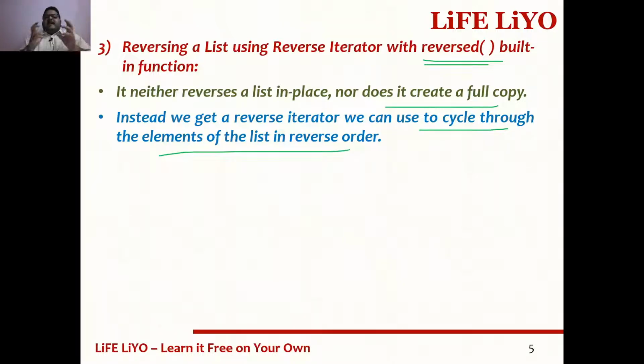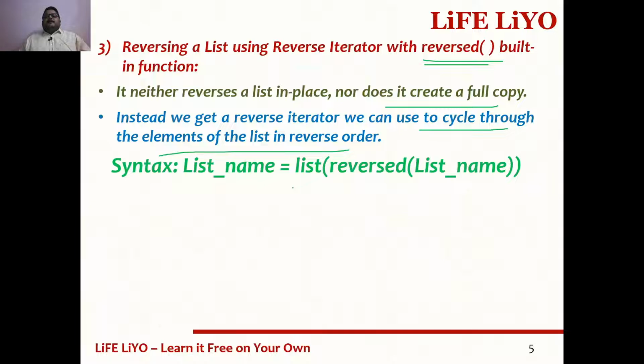That means the elements are going to be accessed one after another. Then how can we convert that into a list? Simply we can typecast, that is list of reversed of list name. Then it is going to print the reversed order.